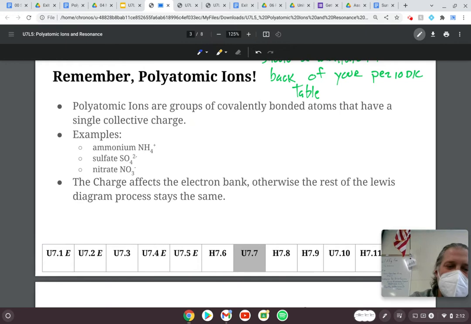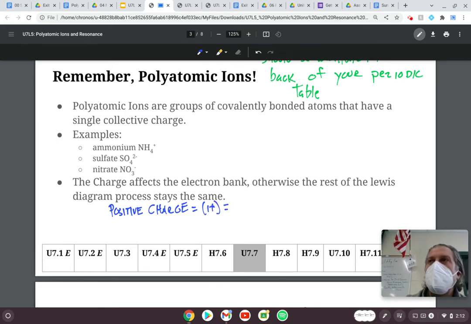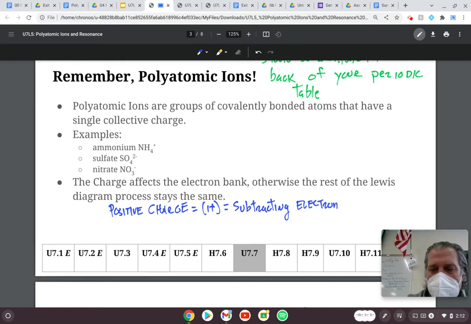If the charge is positive, like, for example, plus 1, you would be subtracting electrons from the total.